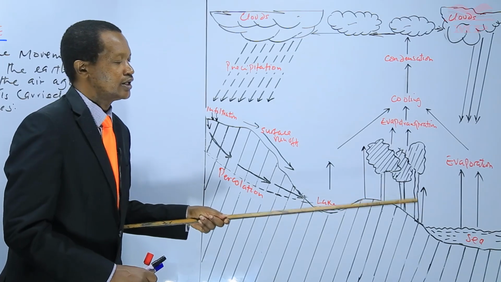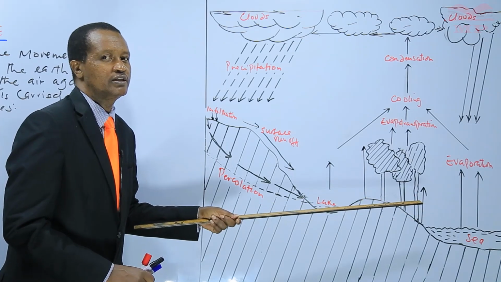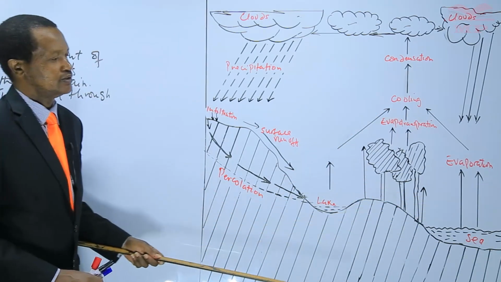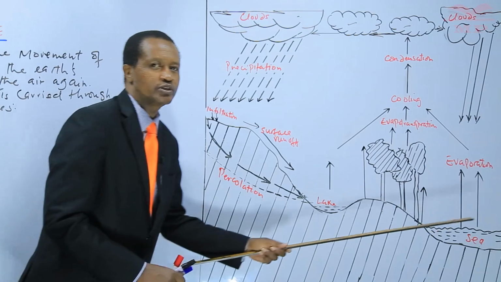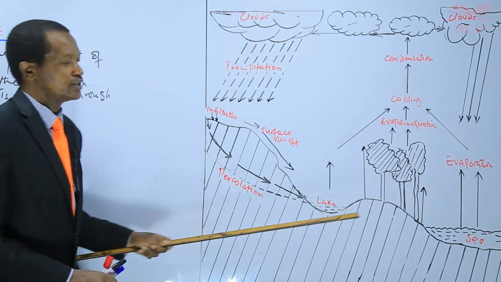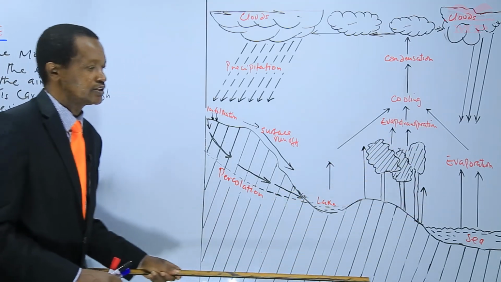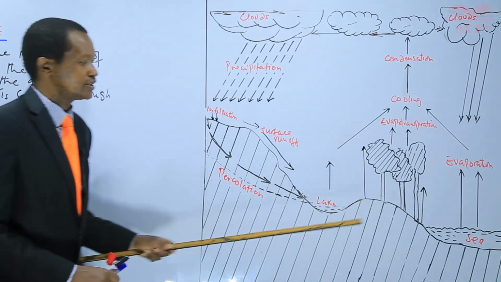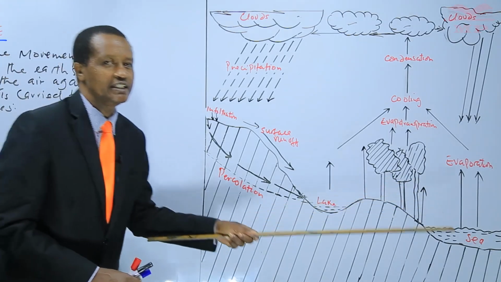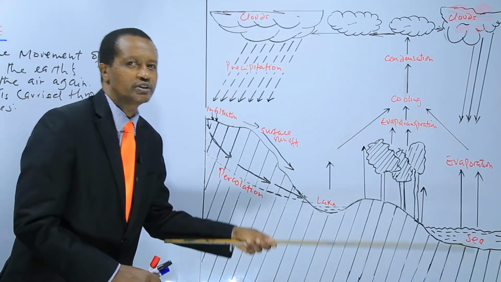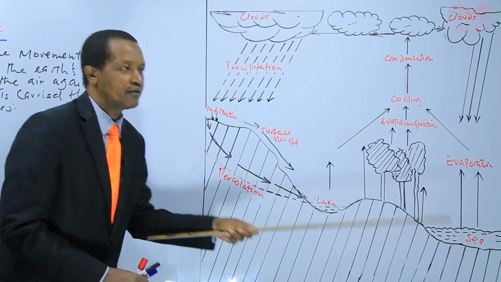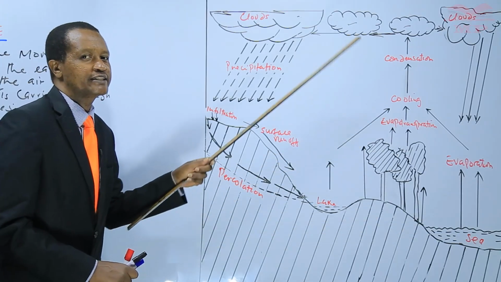Now, learners, evaporation takes place on open water surfaces. The sea is an open water surface. The lakes are open water surfaces, like this one here. The rivers, the seas, the ponds, the swamps. The water is changed into water vapor by the sun's heat.